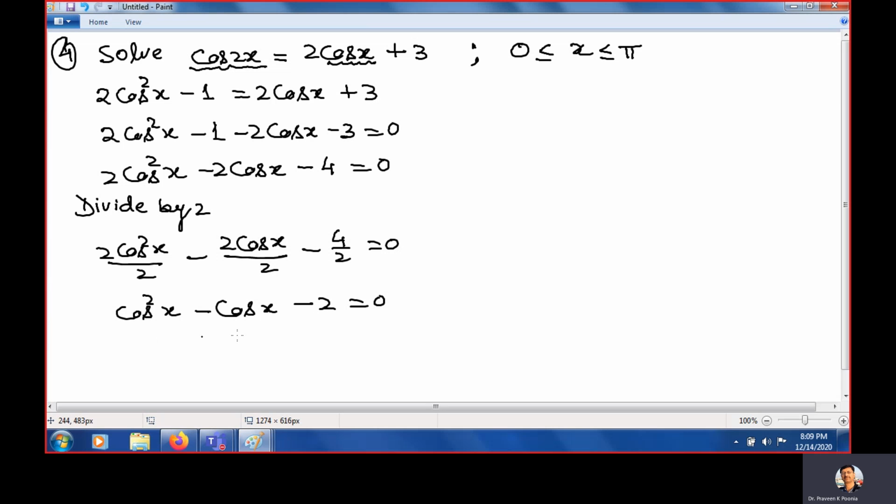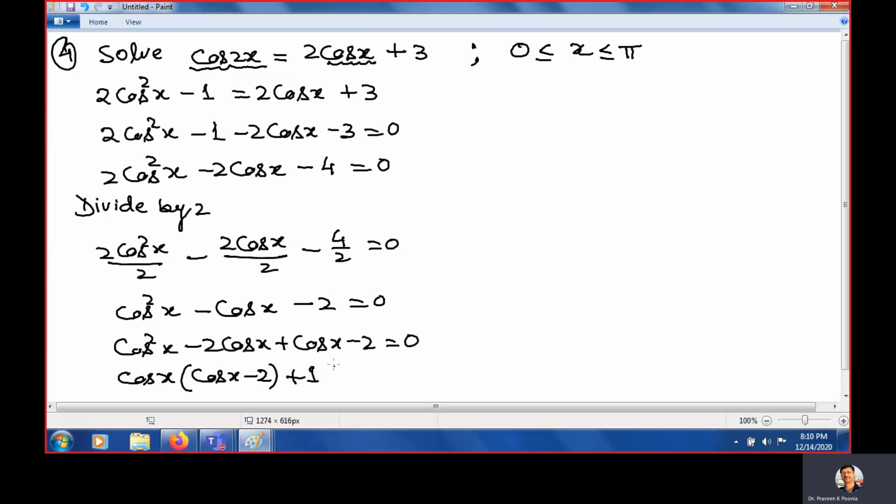The same as before, I got the factors: 2 times 1 is 2. So it is cos square x minus twice of cos x plus cos x minus 2 is equal to 0. This is how to get the factors. This is called complete square form. So cos x we can take common, so it will be cos x minus 2, and plus 1 we are taking common with cos x minus 2 equal to 0.